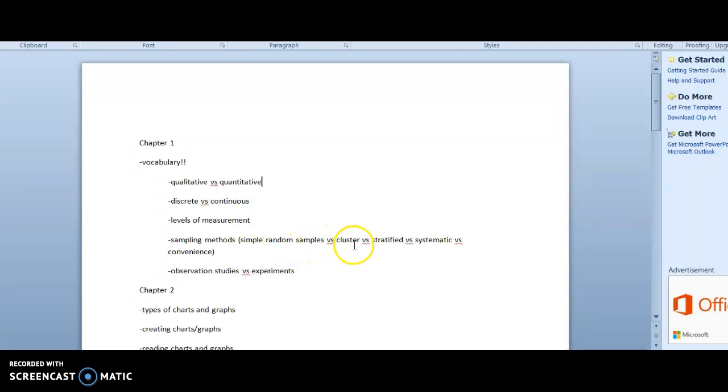Deciding between cluster and stratified, or if we're given a scenario, deciding if it's an observational study or experiment. If it's observational study, what type, such as cohort or cross-sectional. So those sorts of things, expect multiple choice type evaluations.